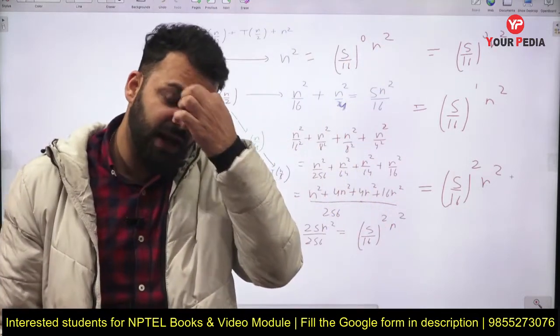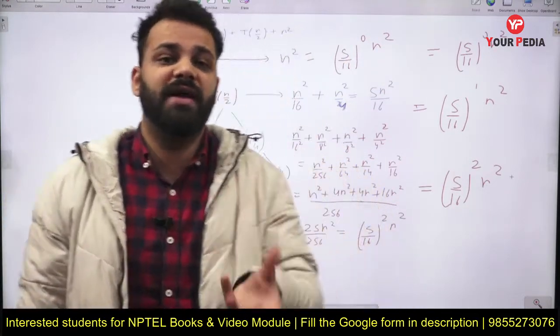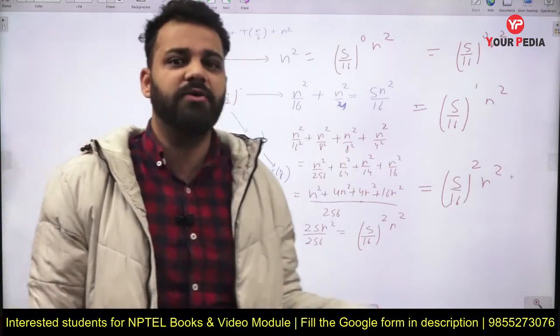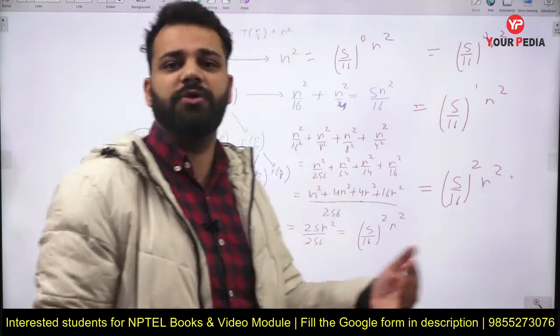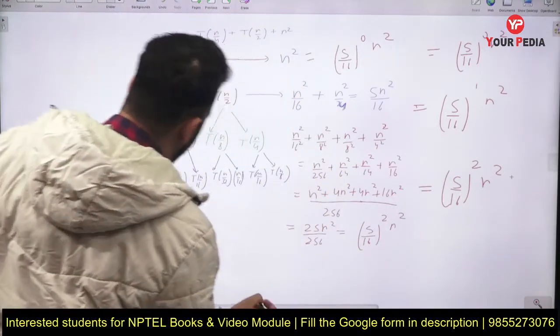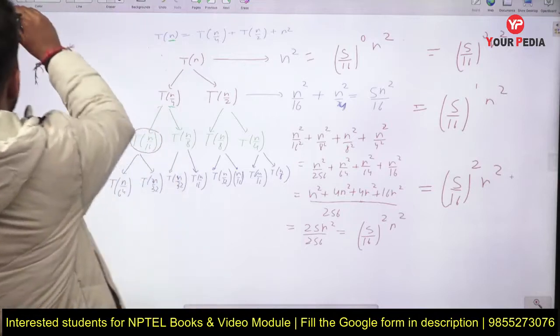Now if we are able to find out the number of levels in our tree, and we know this pattern, then we can find the total time complexity. Now let's try to find the total levels in this tree.